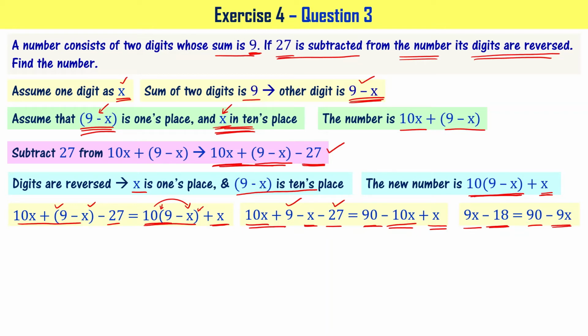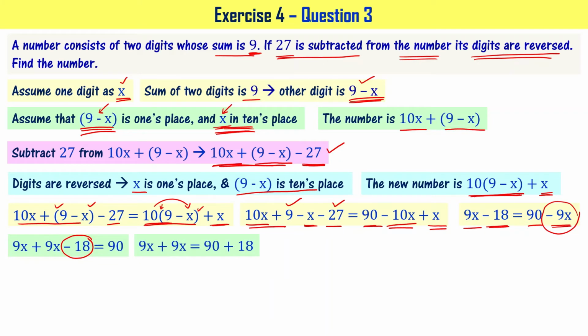Now let us solve this equation. To do that, I can transpose minus 9x to the LHS. When I do that, it is going to be 9x plus 9x minus 18 equal to 90. Now I can transpose this minus 18 to the other side. The equation is going to be 9x plus 9x equal to 90 plus 18.